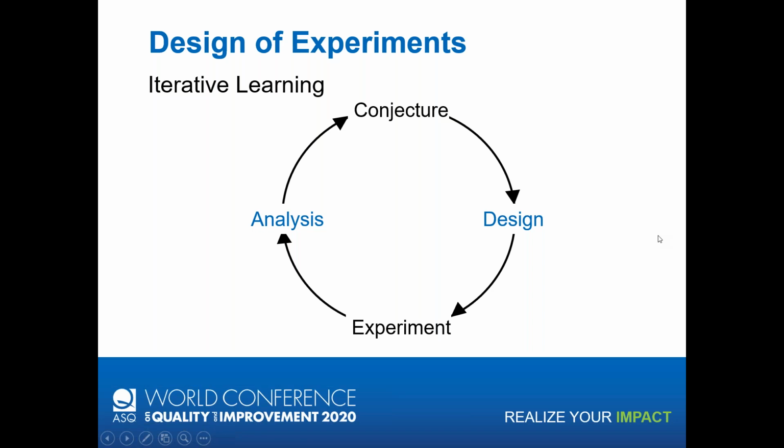Design of experiments should be considered an iterative learning process. We start with our conjectures. We start with everything we know about the process and what our goal is for the experiment. When I started teaching this 25 years ago, people used to be afraid that computers would take over their jobs and do everything for them and they wouldn't be needed anymore.